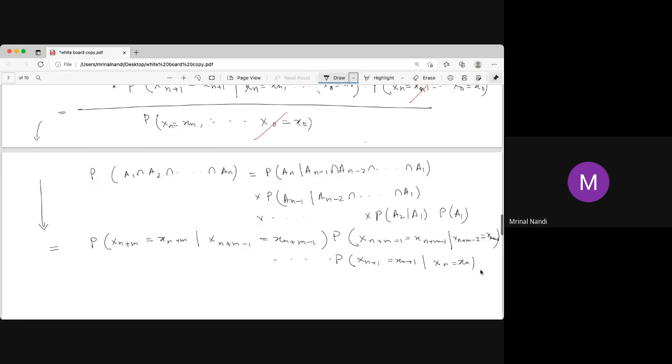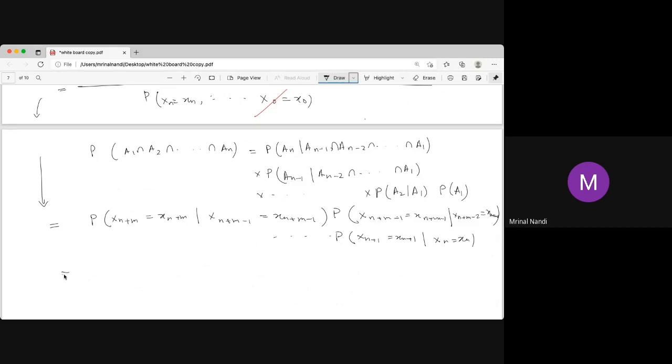Now these are nothing but the transition functions: the probability from x_{n+m-1} to x_{n+m}, next from x_{n+m-2} to x_{n+m-1}, dot dot, x_n to x_{n+1}.